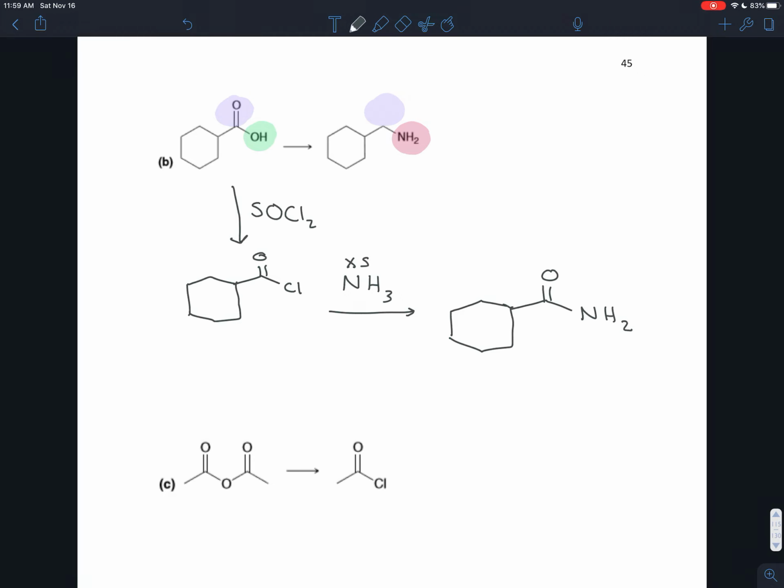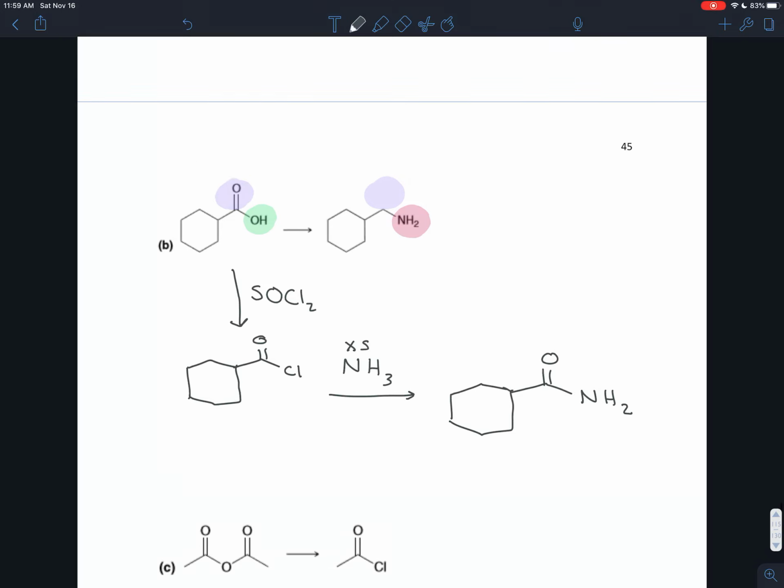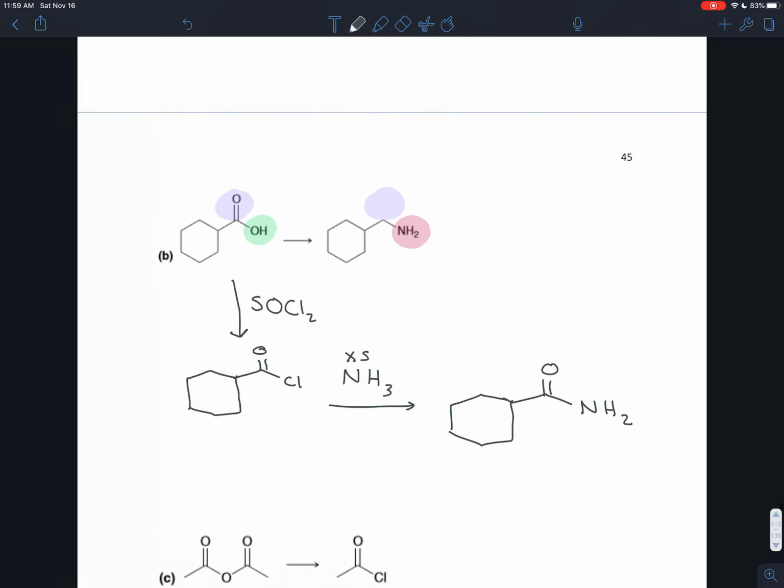Okay, so that accomplished the substitution. So if we're writing out a schematic, the first step, thionyl chloride, and the second step, excess ammonia, those accomplished the substitution reaction that we needed.